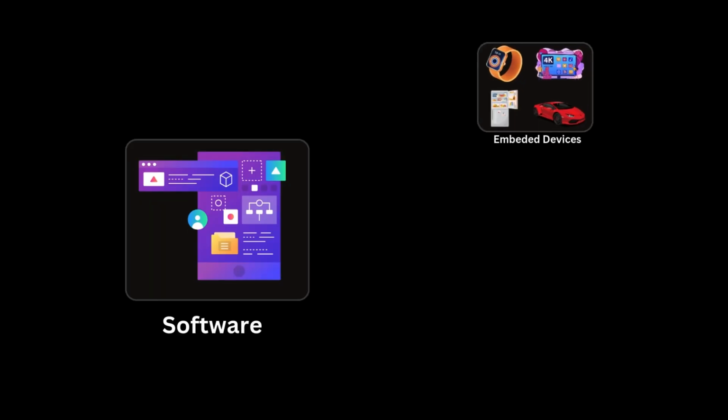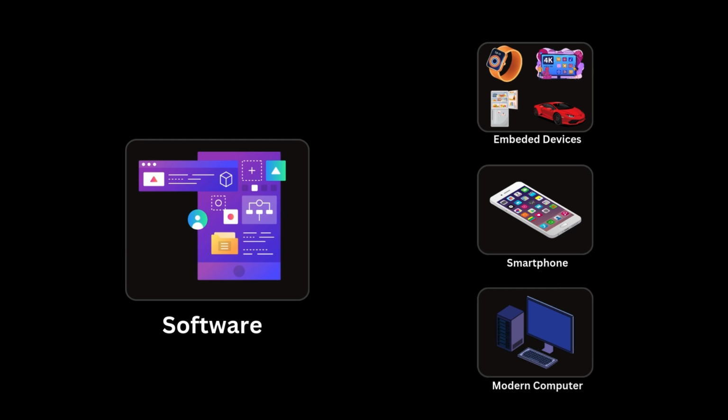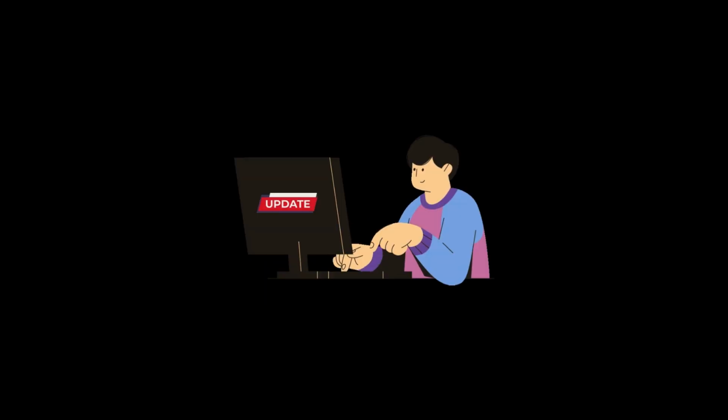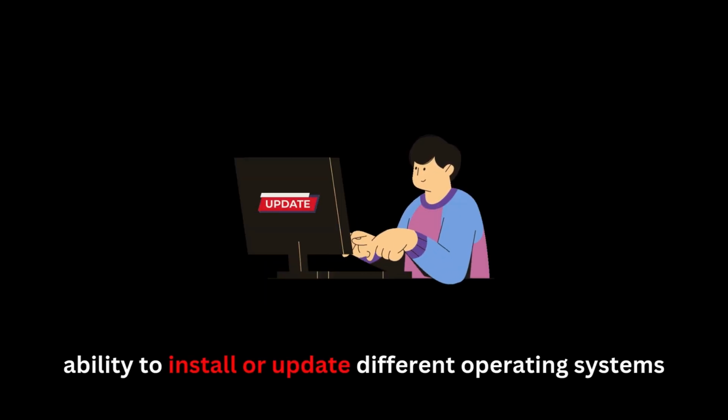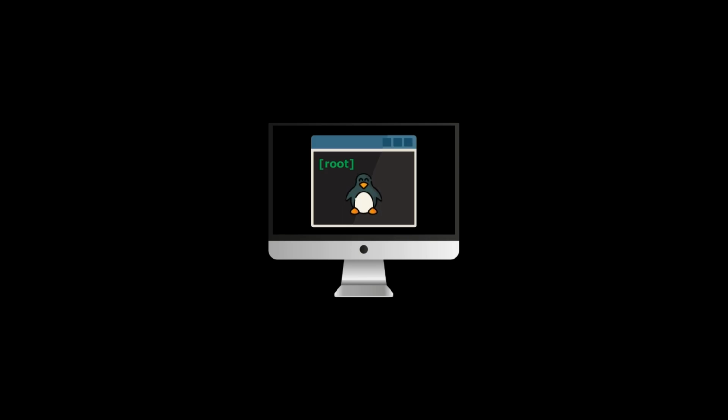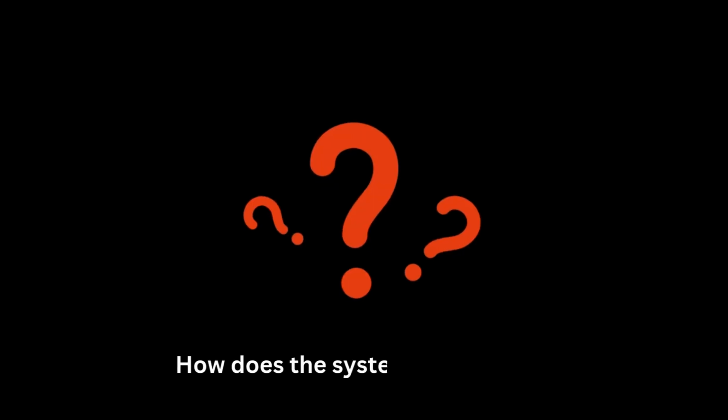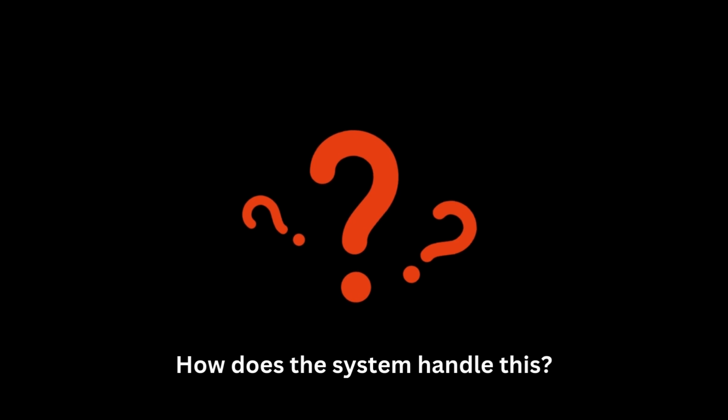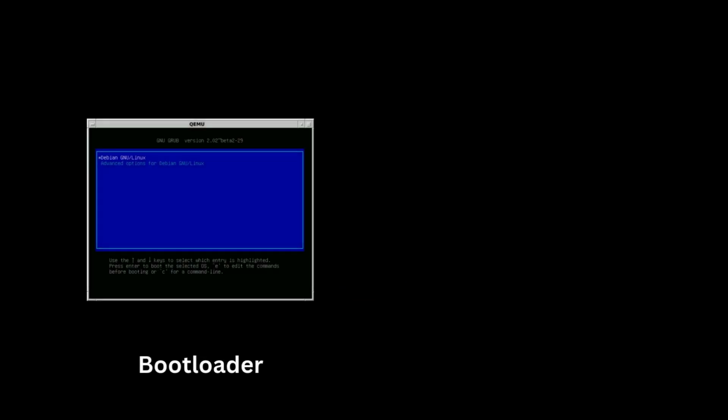The software on most embedded devices, smartphones, and modern computers is quite complex, and users often want the ability to install or update different operating systems. For example, you might have Windows on your computer, but decide to install Linux later. So how does the system handle this? This is where the bootloader comes in.